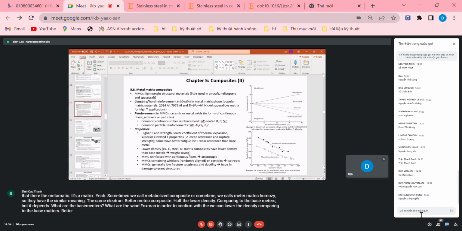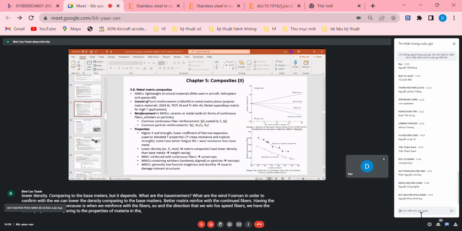Metal matrix reinforced with continuous fibers has anisotropic properties, because when we reinforce with fibers, the direction that we reinforce with fibers will have better properties compared to the properties of the material in the other directions.